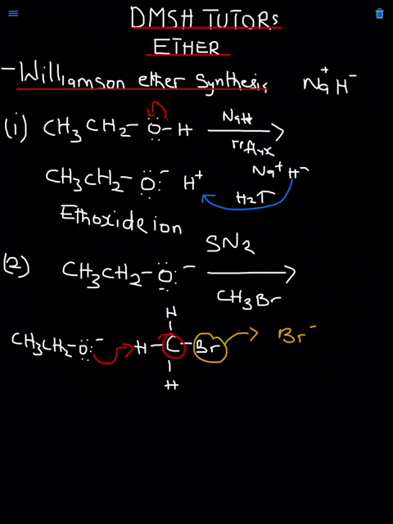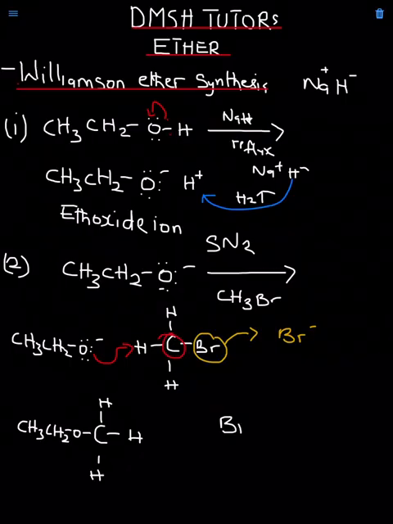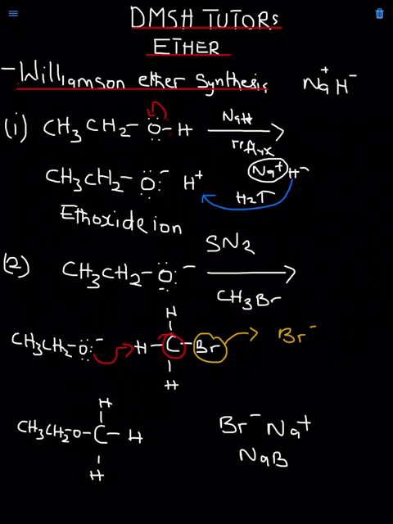Then we have this product, CH3CH2OCH3. Then this bromide that left with a negative charge will combine with the sodium from the first reaction, and they form sodium bromide.